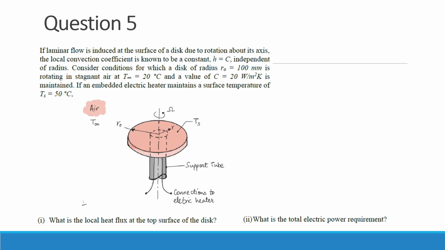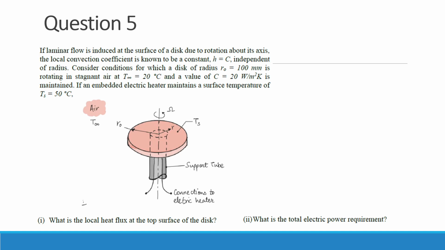Consider conditions for which a disk of radius r naught equal to 100 mm is rotating in stagnant air at T infinity equal to 20 degrees Celsius, and the value of c equal to 20 watt per meter square Kelvin is maintained. If an embedded electrical heater maintains a surface temperature of Ts equal to 50 degrees Celsius, what is the local heat flux at the top surface of the disk, and what is the total electric power requirement?